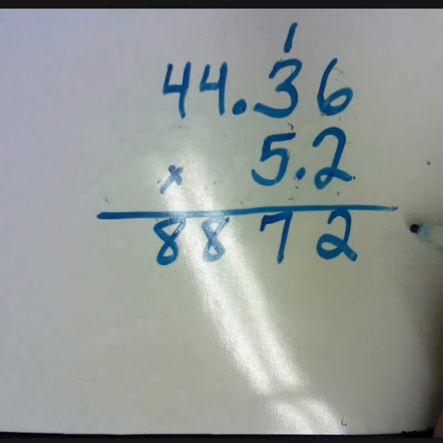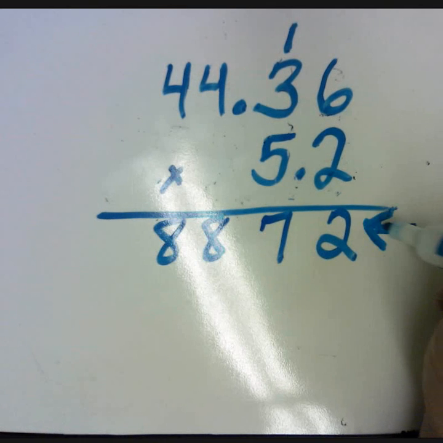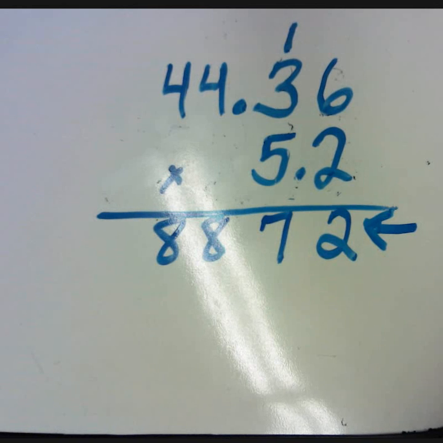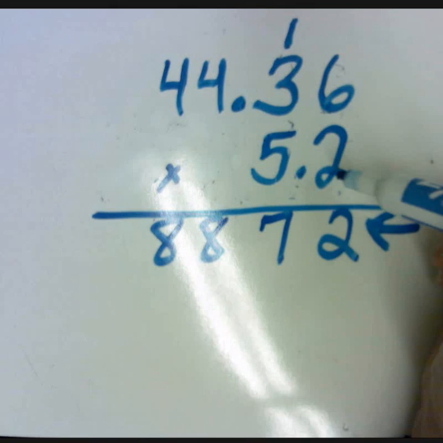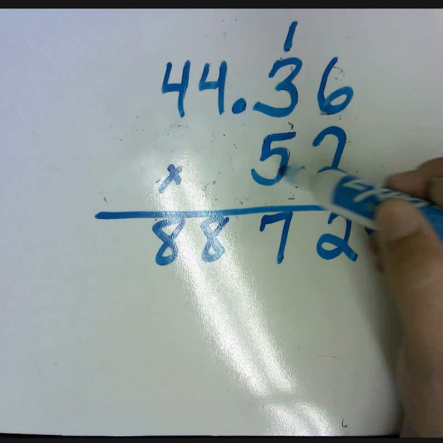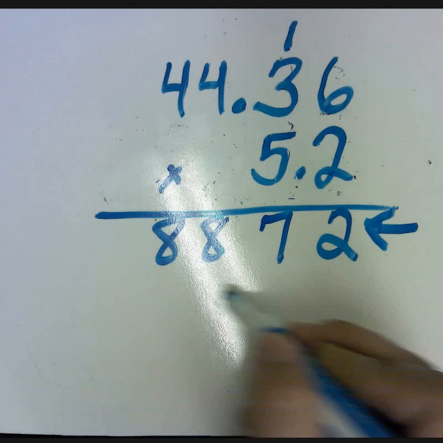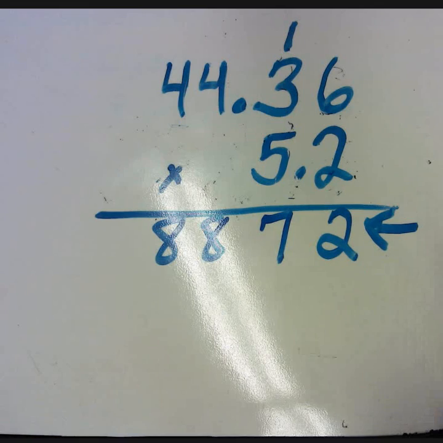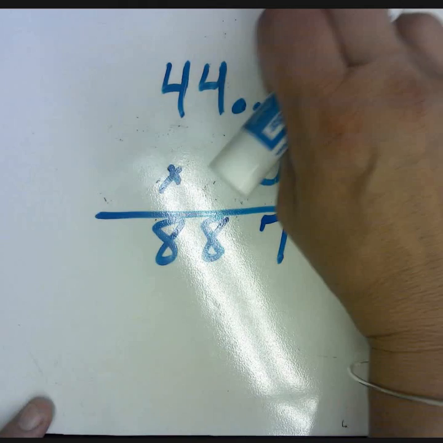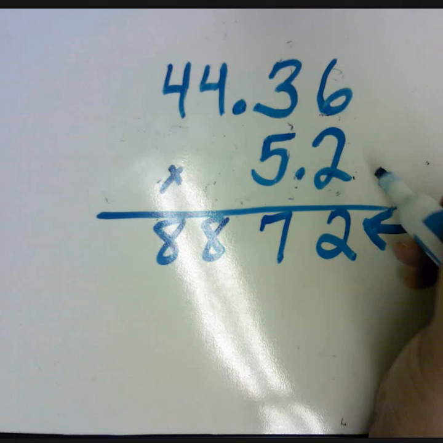When you multiply by 2 digits down here, and there are 2 digits, you will have 2 rows of products. Now, because you're done multiplying with the 2, you can literally just cross it out, okay?